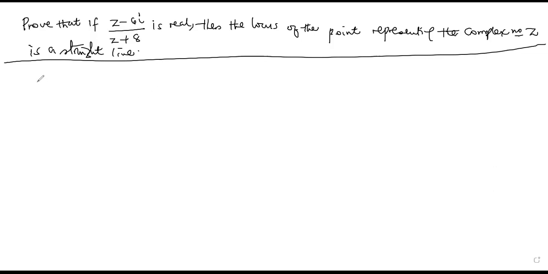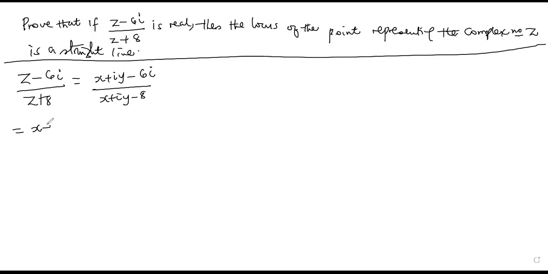First, let (z minus 6i) over (z plus 8) be equal to (x plus iy minus 6i) over (x plus iy plus 8), which is (x plus (y minus 6)i) over (x plus 8 plus yi).